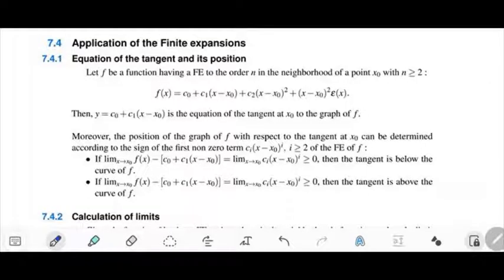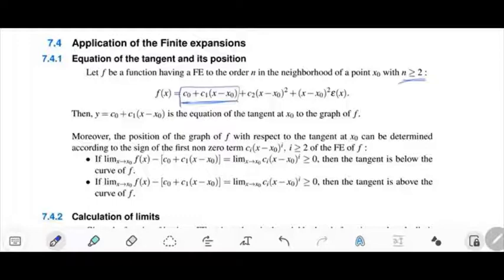So if f is a function having a finite expansion to the order n in the neighborhood of a point x0, and if n is greater or equal to 2, so we have the expansion to an order greater or equal to 2, then the term of order 0, be careful, not the first term, the term of order 0, and the term of order 1 of the expansion, they will give me the equation of the tangent to the graph of f at the point x0.